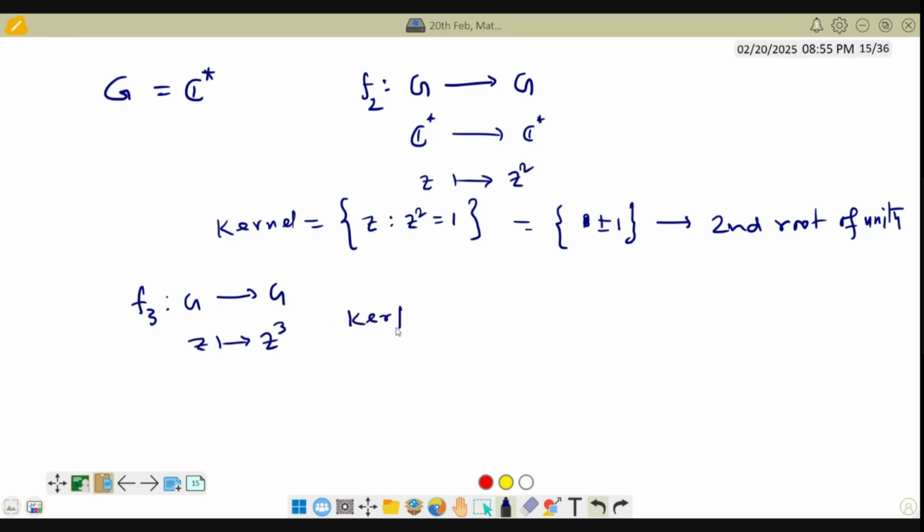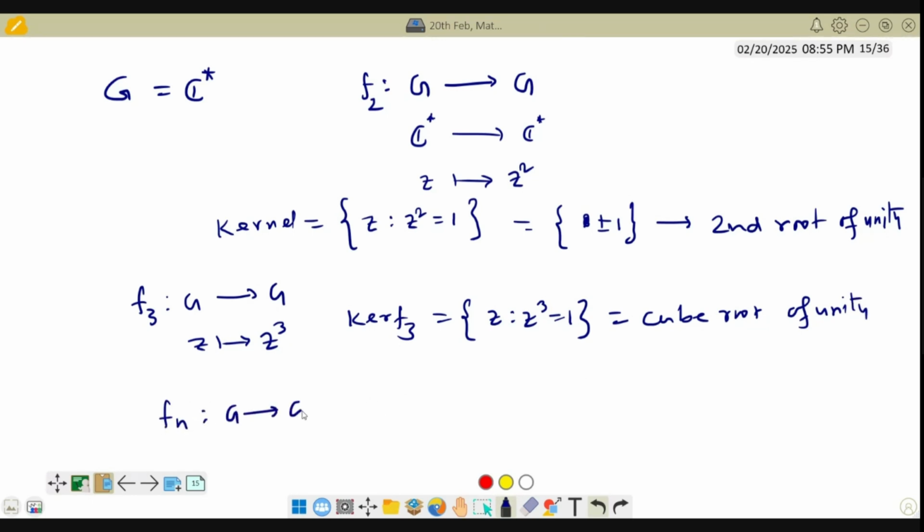What will be the kernel? Cube roots of unity. Good. So in general, if you have fn from G to G by z goes to z to the power n, the kernel of fn is the nth roots of unity. Is it clear?